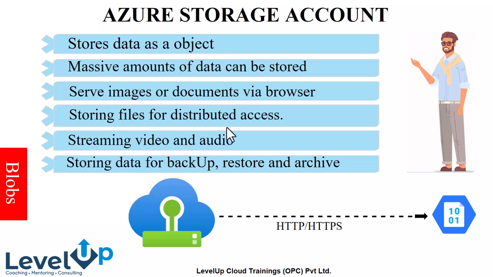How can it be served via browser? Any file that we store on blob storage will get one unique URL. That unique URL is part of the metadata. We will see that once we create a blob storage and upload some file. I'll show that when doing the hands-on exercise.